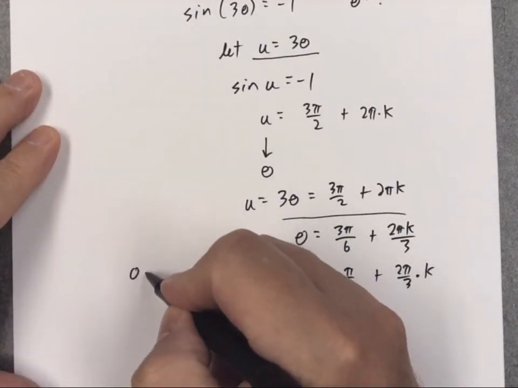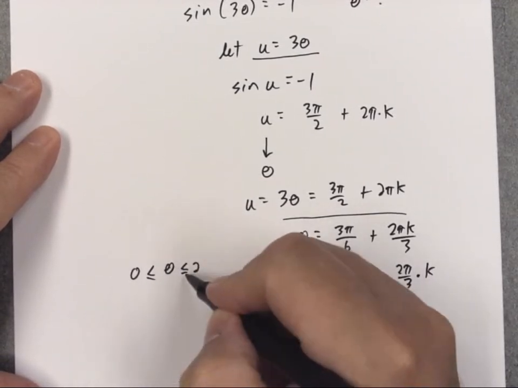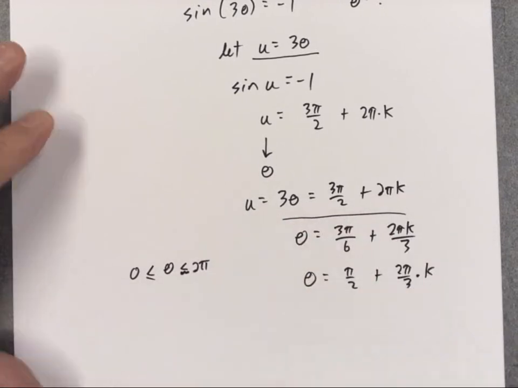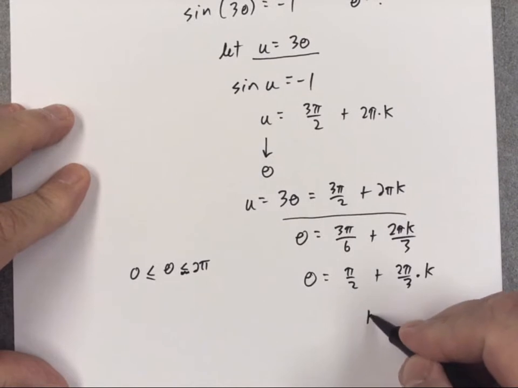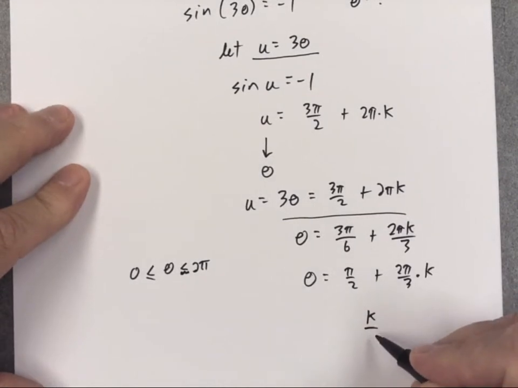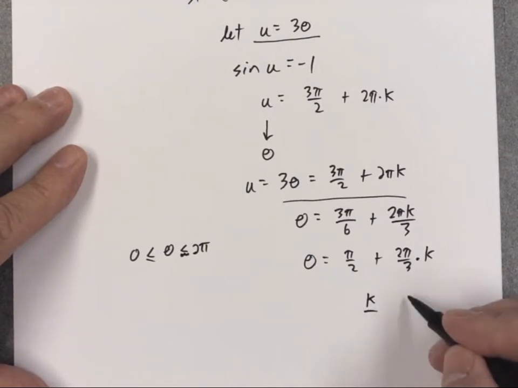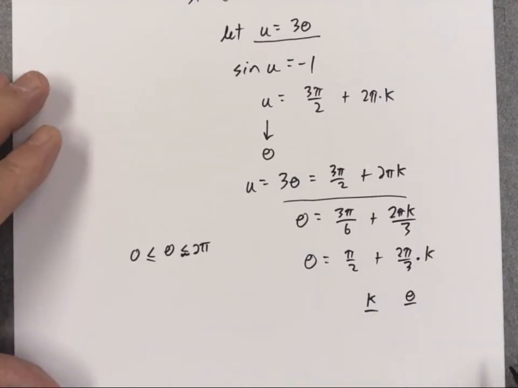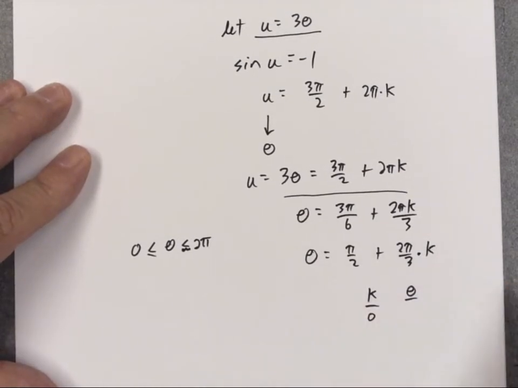Now if they ask me for just the angles between 0 and 2 pi, here's how I do this. I've got this solution with this k. What I do is start putting in my numbers for k and finding my solutions. In other words, I'll put in 0 first.